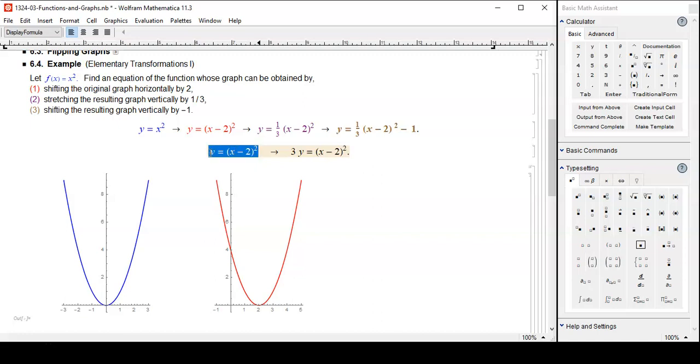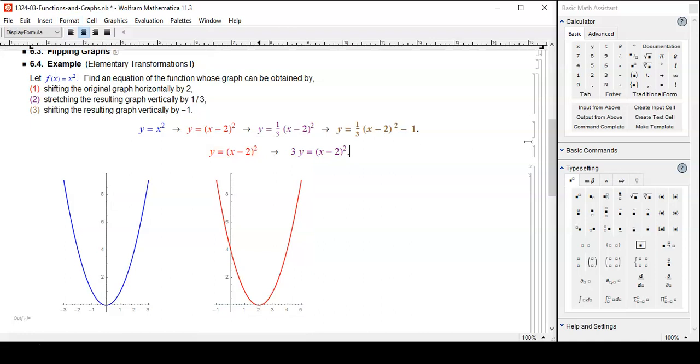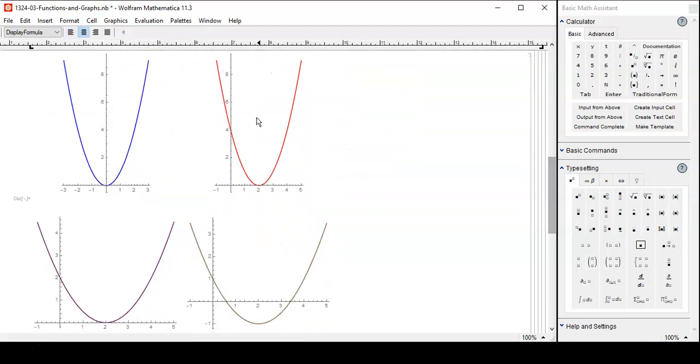So from red to purple. So that's what's taking place from here to there. Okay, I'm compressing vertically, so the y coordinate is becoming 1/3 of the original.